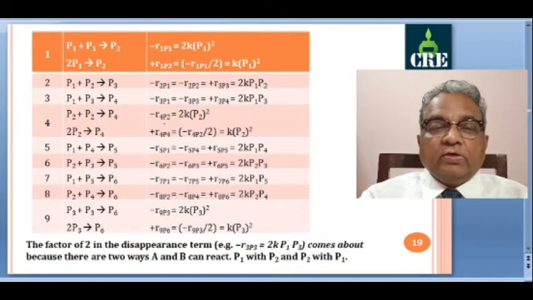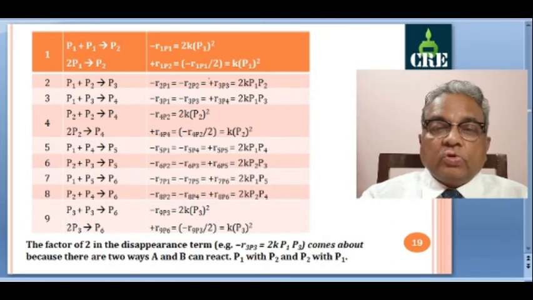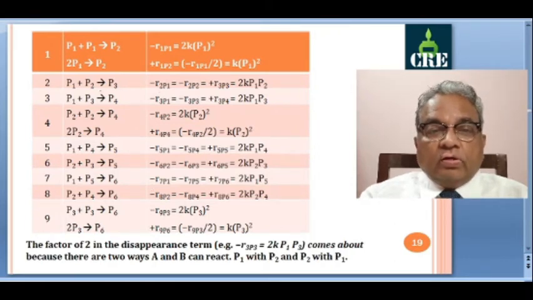It is not necessary that you should write this subscript 1, 2, 3, 4, 5, 6 and so on. By dropping the subscript also you can write, but for understanding from which reaction we are writing this rate law, we are using these subscripts.